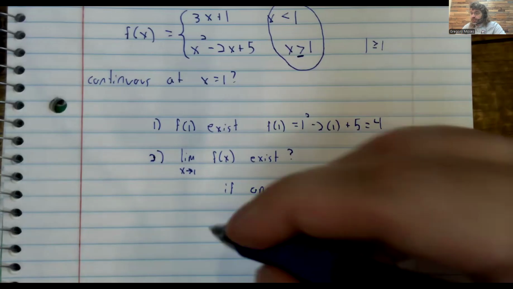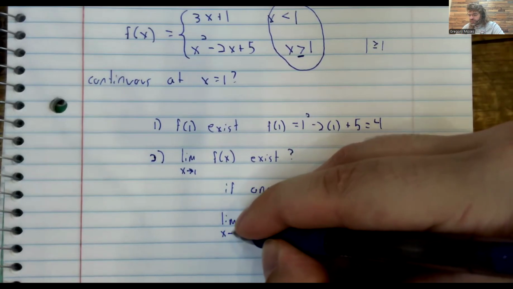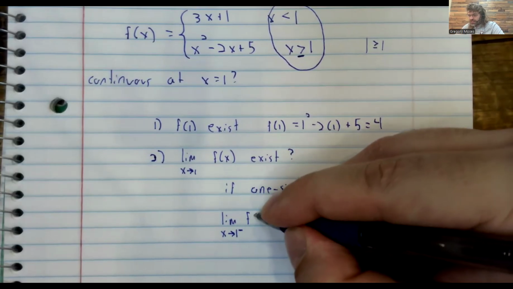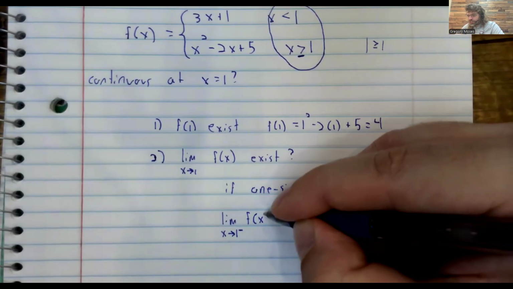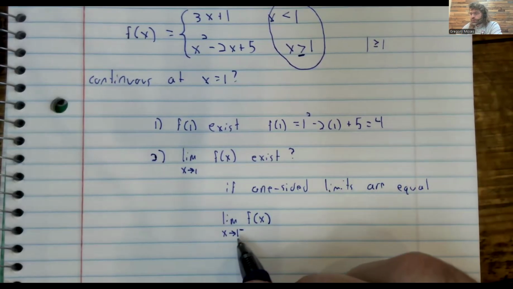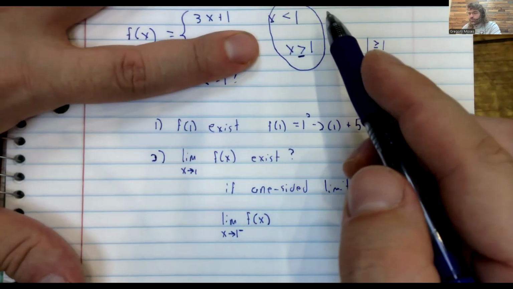And evaluating the one-sided limits is a piece of cake. Now, I should not say that. It's not a piece of cake necessarily if you're learning this material for the first time. But if we're approaching 1 from the left, then we're less than 1.